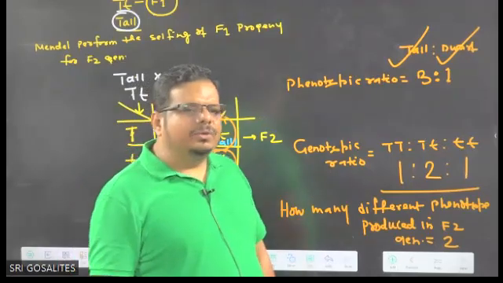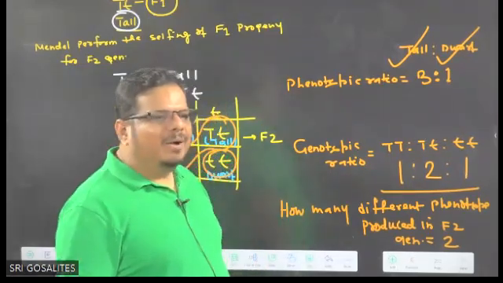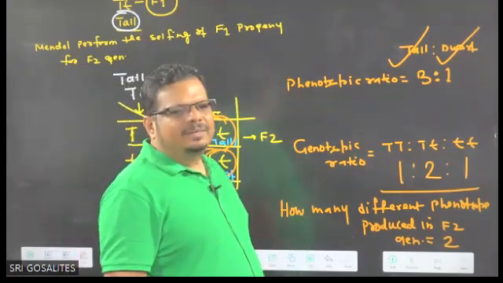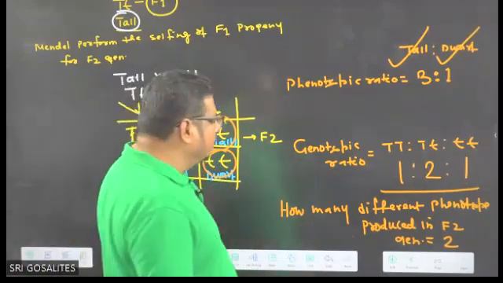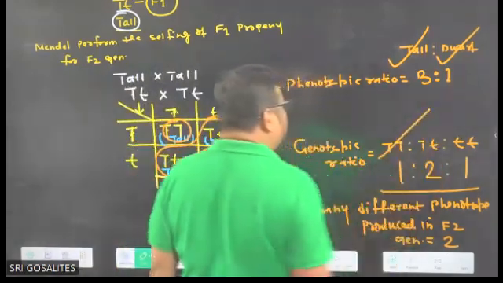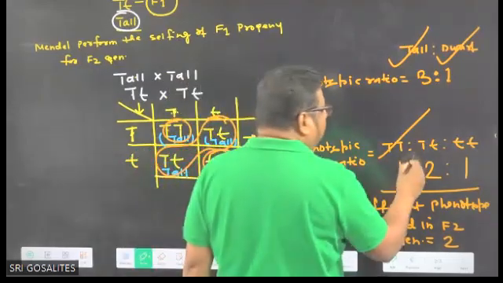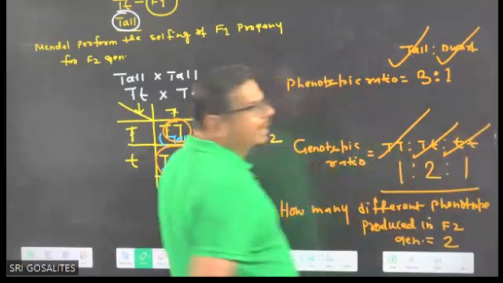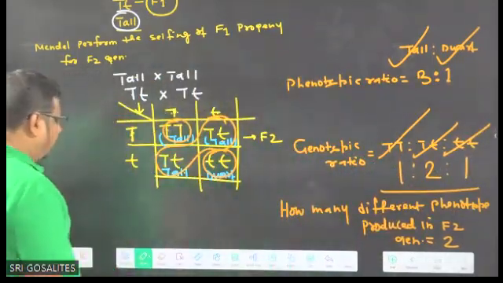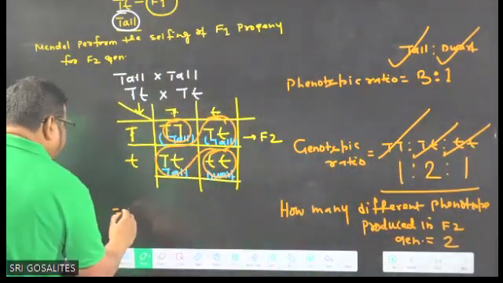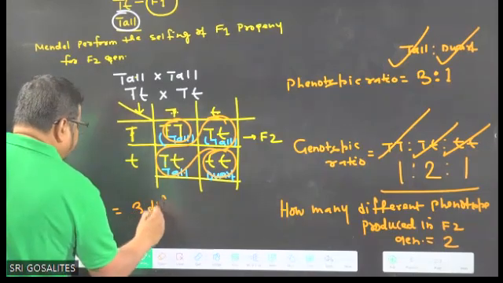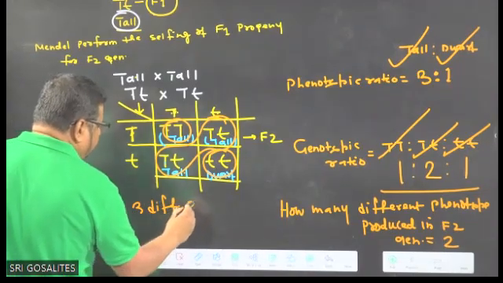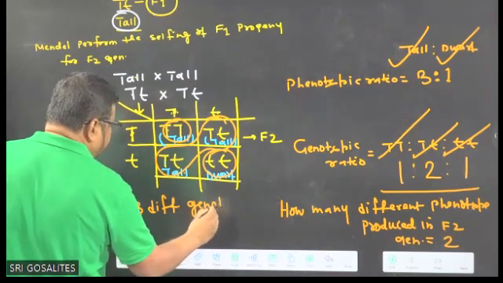How many different genotypes are there? Very good. The different genotypes are 3. One genotype capital T, capital T, another genotype capital T, small t, another genotype small t, small t. Getting the things or not? So 3 different genotypes.